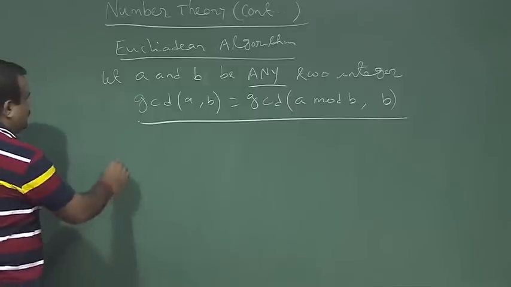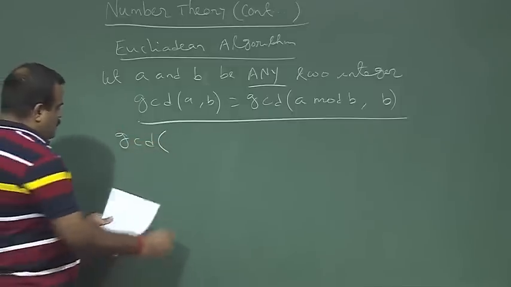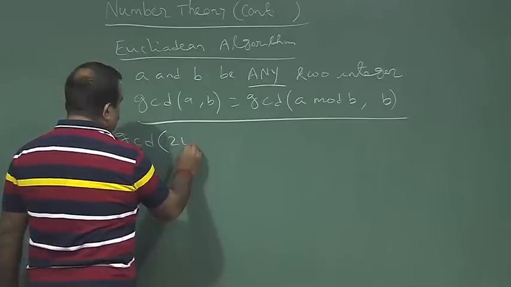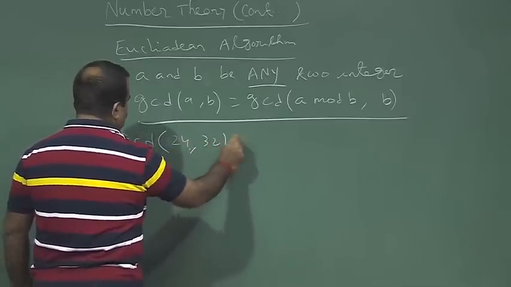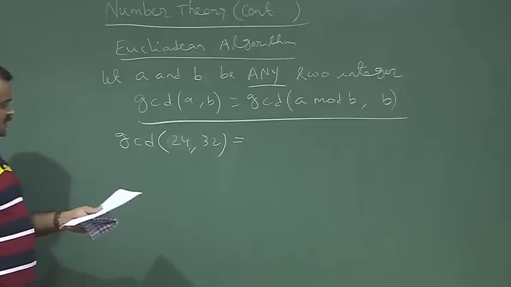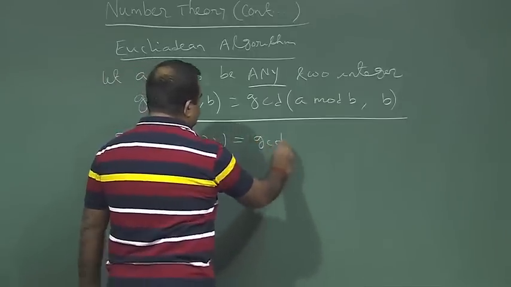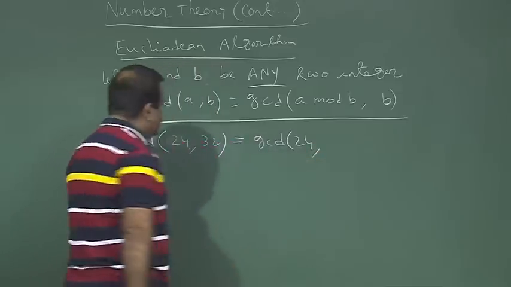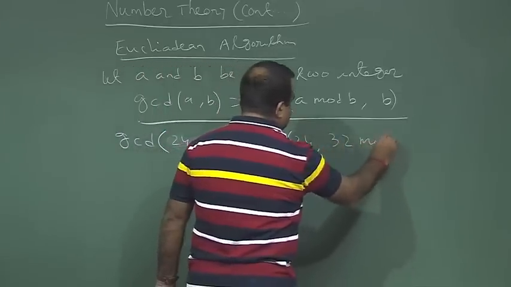So, let us take an example. Suppose you want to find the GCD of, say, 24, 32. So, this is basically GCD of 24, then 32 mod 24, from this theorem.